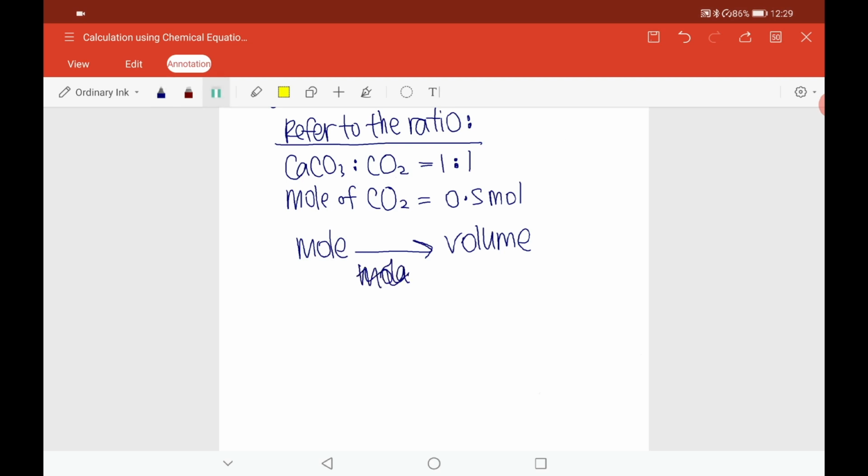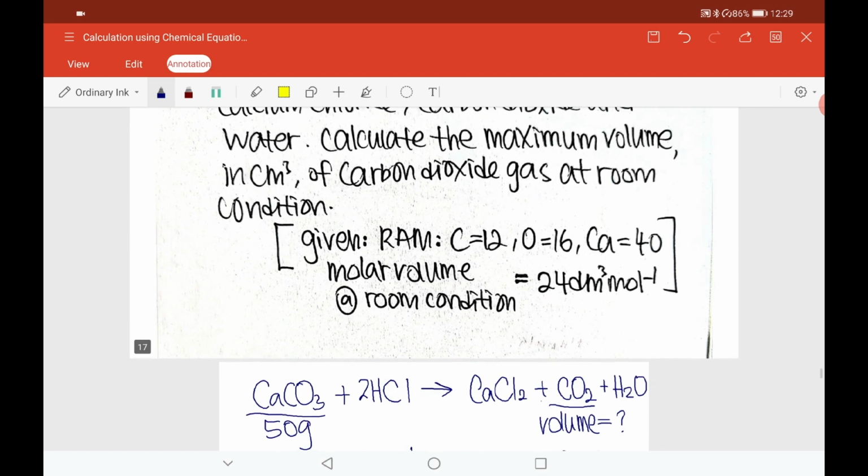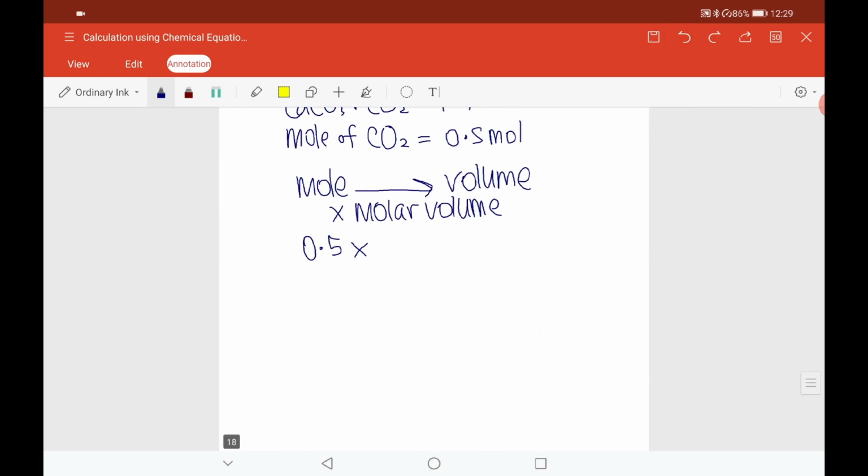The operation should be times. So the mole is 0.5, times the molar volume. The molar volume is given to be 24 here. So 0.5 times 24, the final answer is 12.